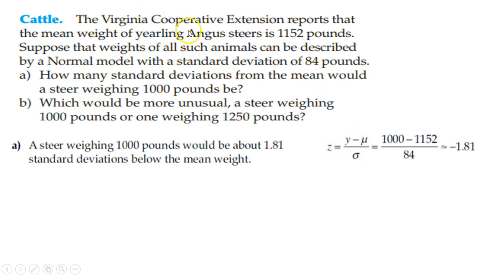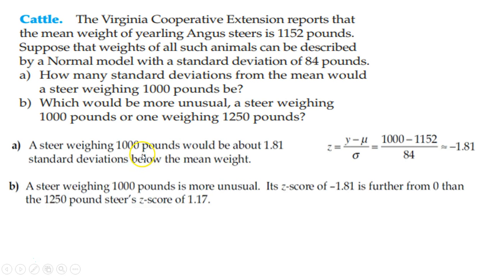This could be the entire population of their farm, which would make it an entire population. It might not be every Angus steer in existence, but when you plug those in and divide, that's what you end up getting. So how many standard deviations from the mean would a steer weigh? There you go. A steer would weigh about 1.8 standard deviations below the mean.